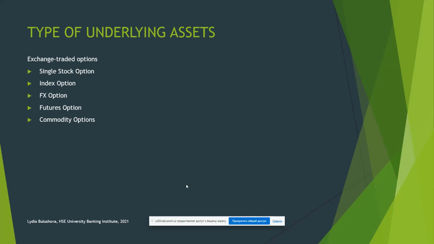There might be futures options and commodity options. As for futures options, there are often options on commodity futures, options on index futures, options on bonds. Bonds, but most often T-bills and T-bonds, so there might be options on futures on treasury bills.